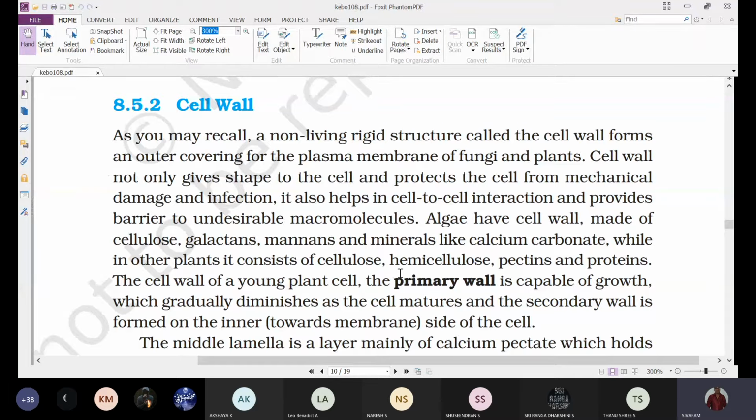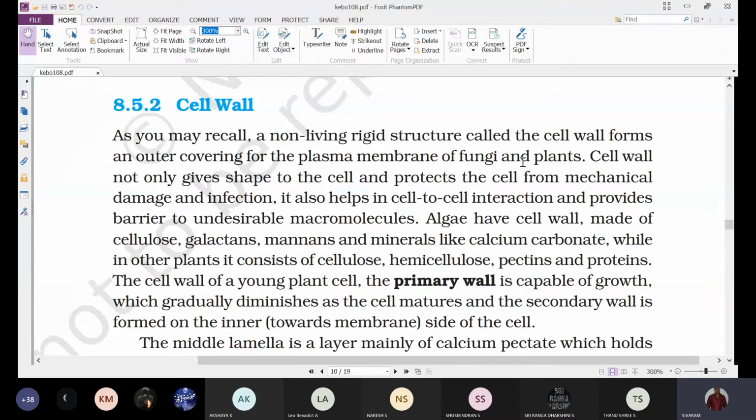As you may recall, a non-living rigid structure called the cell wall forms an outer covering for the plasma membrane of fungi and plants. Here we are discussing eukaryotic cells. Already we have discussed the cell envelope.